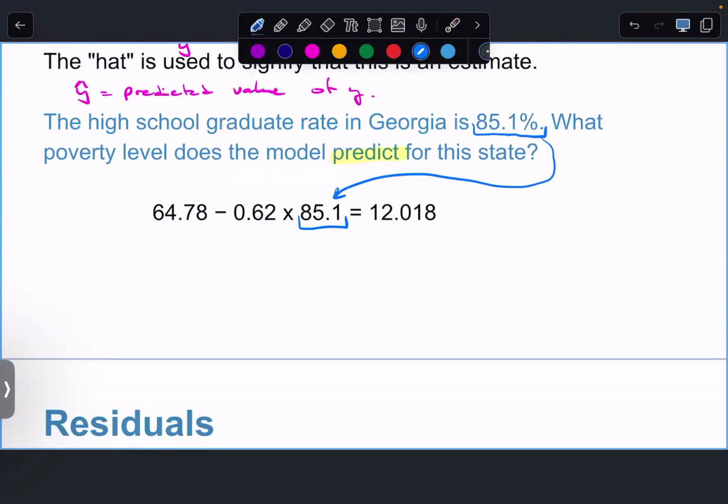Making sure you keep on top of your order of operations, you need to multiply these two before you can subtract them from the y-intercept. And then we get a predicted value of y. This is our y hat, or poverty hat, if you prefer. That's the predicted percentage in poverty in Georgia.